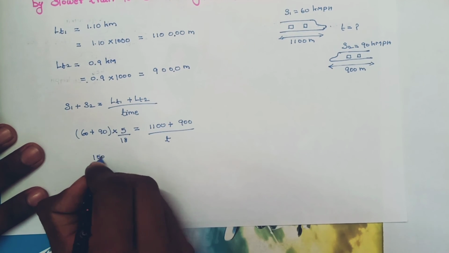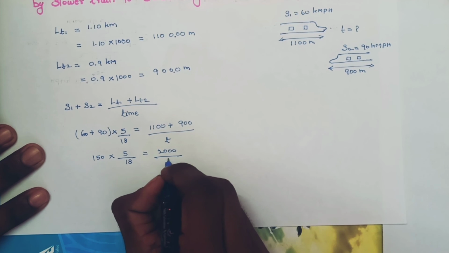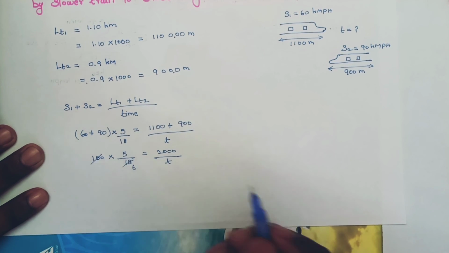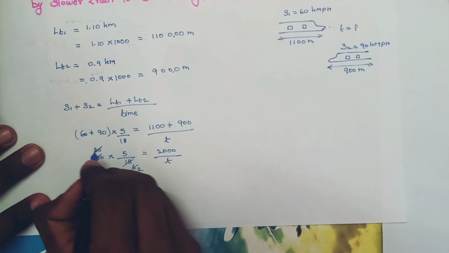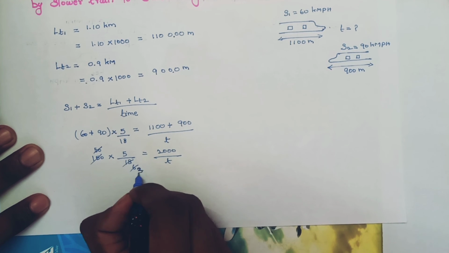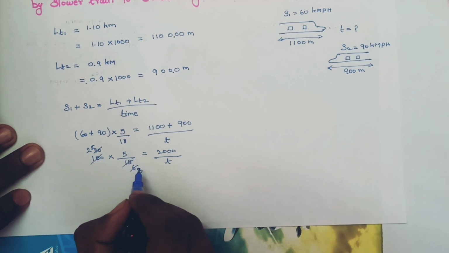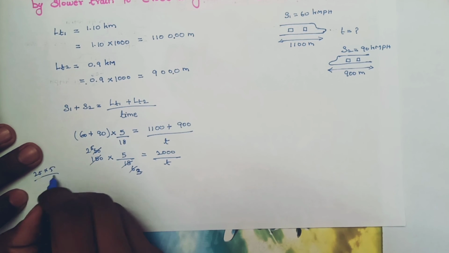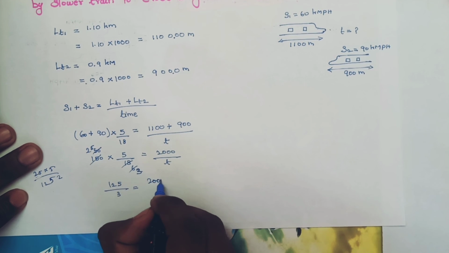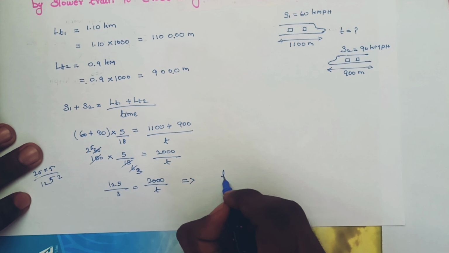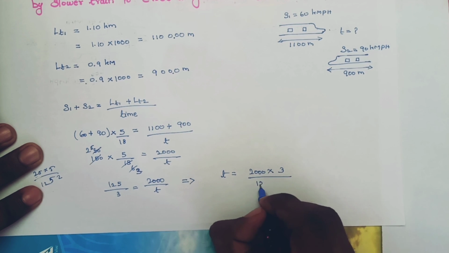So in order to simplify these, what will you get? 2000 here and T. 125 divided by 3 equal to 2000 divided by T. So finally, time equal to 2000 into 3 divided by 125.